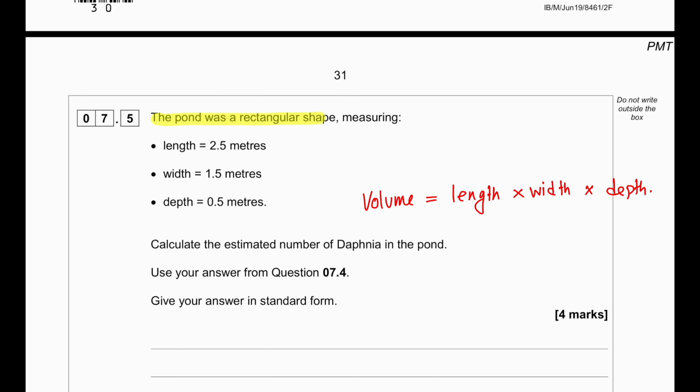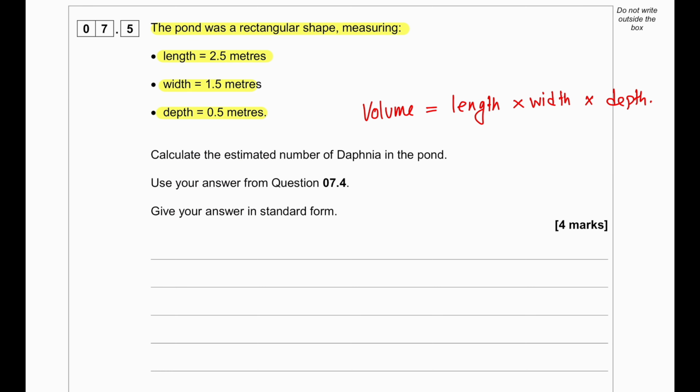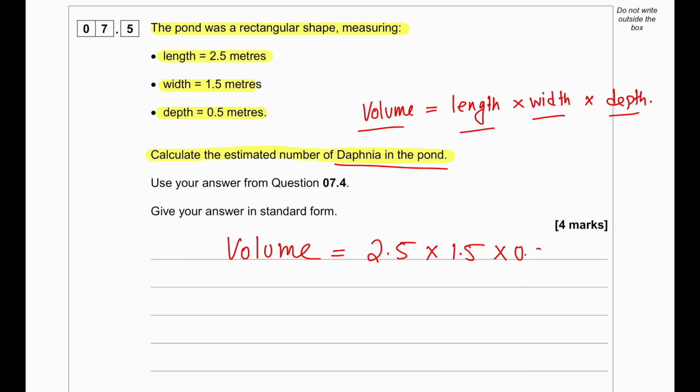The pond was a rectangular shape measuring 2.5 meters, 1.5 meters, and a depth of 0.5 meters. Calculate the estimated number of Daphnia in the pond. To find the estimated number of Daphnia, we'll have to find the volume by multiplying the length with the width and with the depth. So volume equals 2.5 times 1.5 times 0.5, which gives us a total volume of 1.875 meter cube.